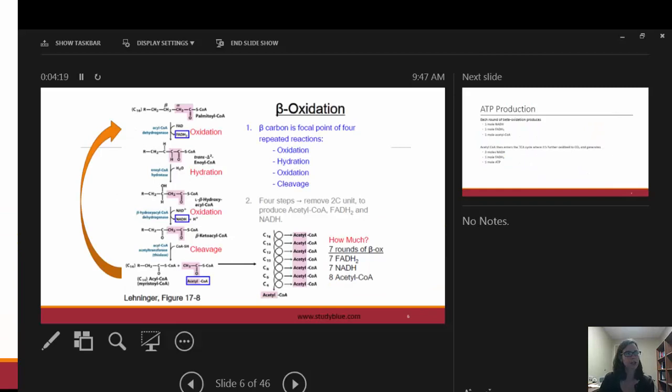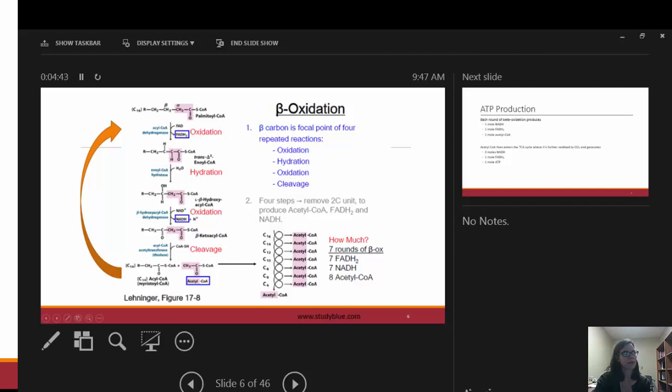Okay, so that's shown here. This is kind of a busy slide, but we're going to work our way through it. Okay, so the first step, in this example, it's palmitoyl-CoA, which is a 16-carbon fatty acid. But this process applies to beta oxidation for all fatty acids. So we have our palmitoyl-CoA, and then we have an oxidation step through the dehydrogenase enzyme to produce FADH2.